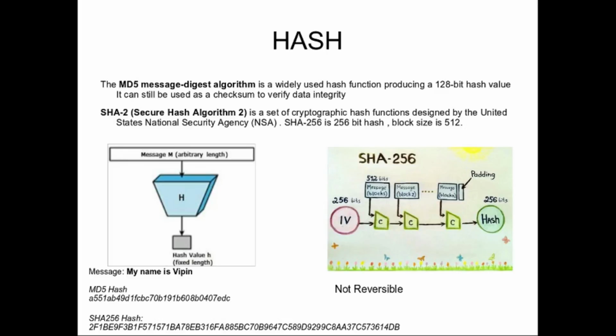Once you get a hash, you cannot make the message out of it. So it's one way. I've just given two examples here, a message which says "my name is Vipin", and if we do the MD5 hash, we get this output of 128 bits, and if we do SHA-256, then you get this 256-bit hash out of this message.